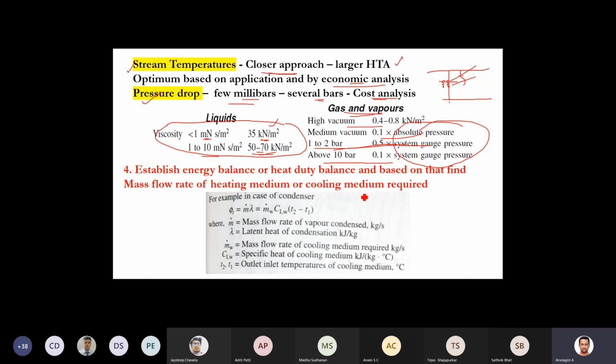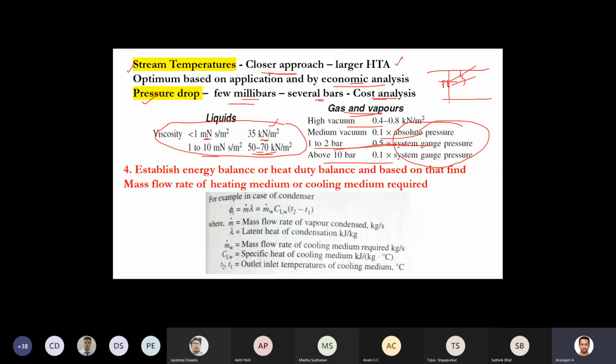Then for high vacuum, it will normally be 0.4 to 0.8 kilonewton per meter square. Once we do the thermal design, we will do the hydraulic design and estimate the pressure drop. If the pressure drop is greater than the permissible limit, in such cases you have to redo your design process.